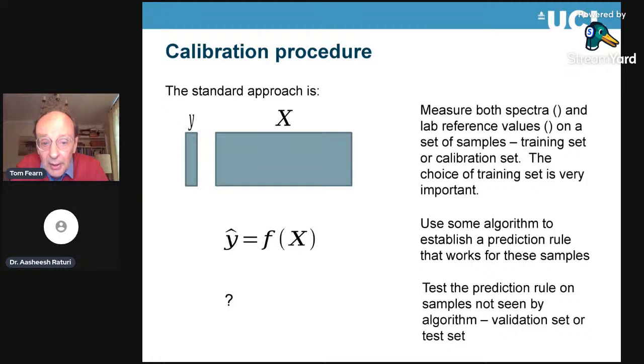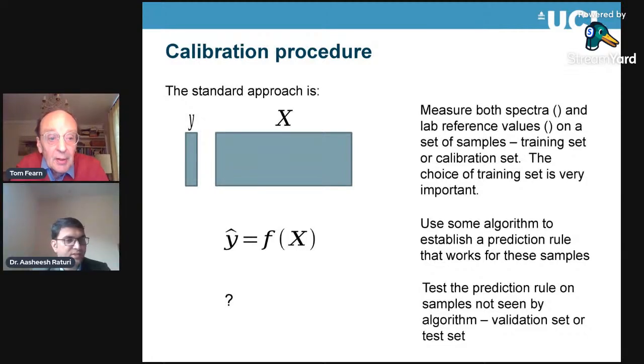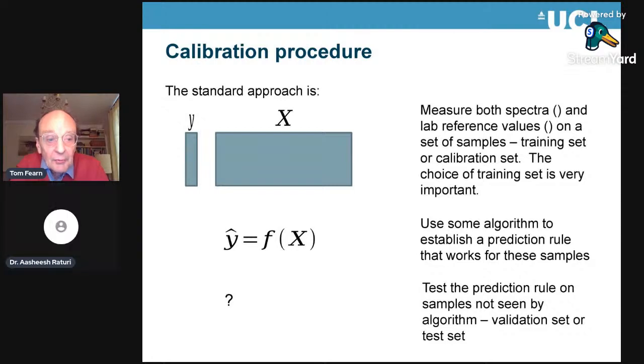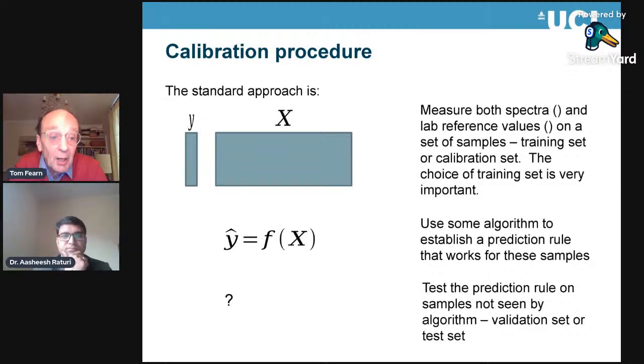The other comment here, which I could talk for a long time about, but I won't, is that the choice of training set is very important. The problem the NIR has is identifying the information about the thing you're interested in against a background of lots of information about lots of other things that are interfering. So the brilliant thing about NIR spectra is that they carry lots of information.